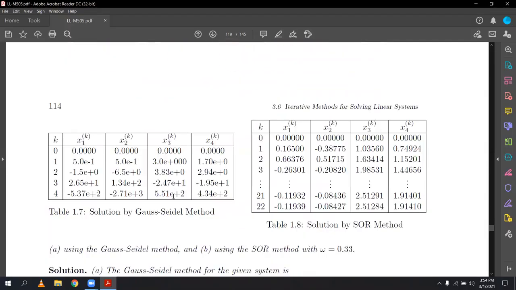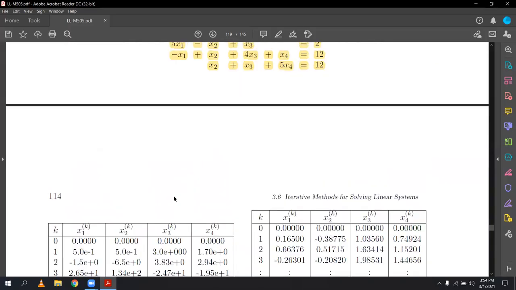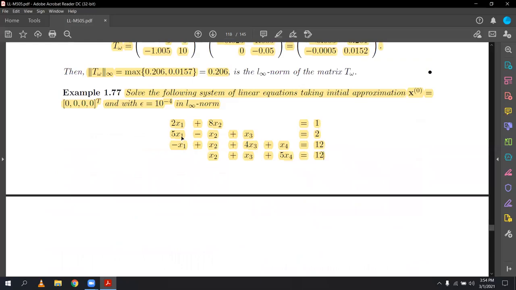And if you can see here, is your system SDD or not? Not. The system is not SDD. And as I told you, if your system is SDD, it is a 100% guarantee that the iterative method converges. But if it is not SDD, then we don't know; maybe it converges, maybe it diverges.